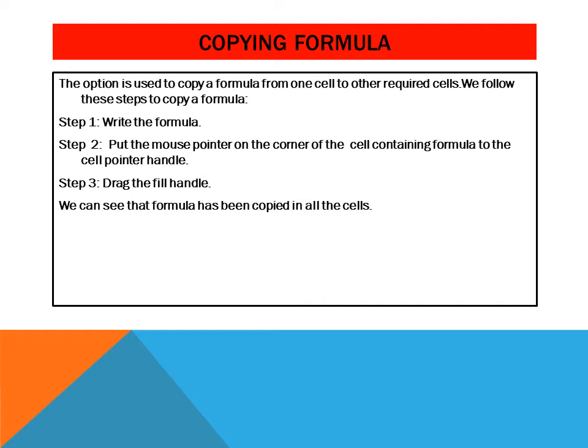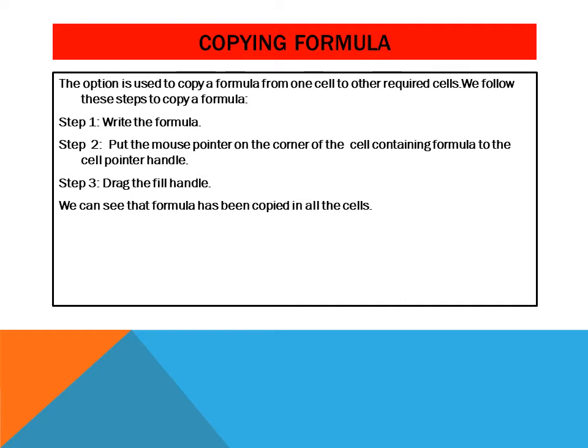to the cell pointer handle. We see that the mouse pointer shape is changed to a basic plus sign. This is termed as fill handle. What does that mean? Now we have to place our mouse pointer on the corner of the cell that is containing the formula.